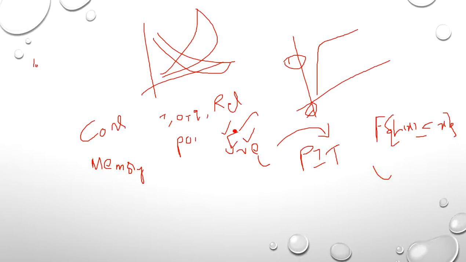One is lambda into e power minus lambda x. This is one type of exponential distribution. And the second is 1 upon lambda into e power minus 1 by lambda x. This is also one type of exponential distribution.